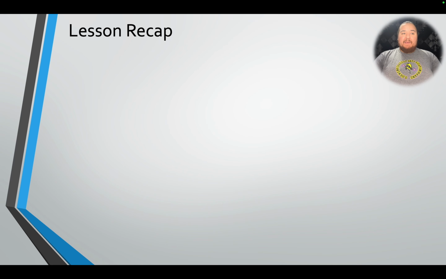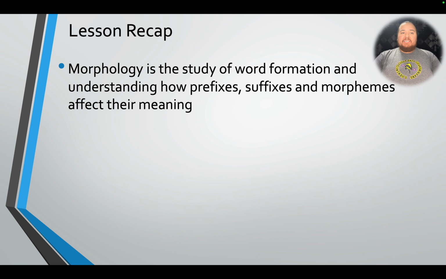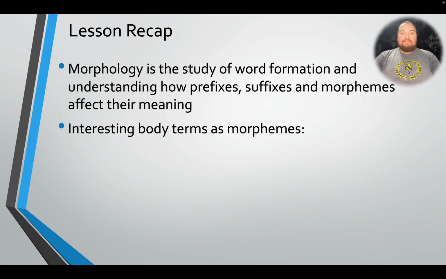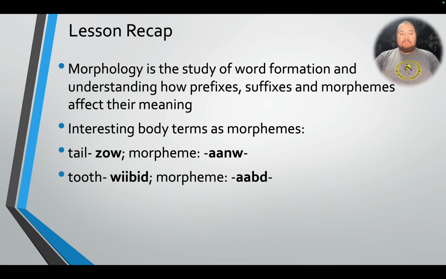So lesson recap. Morphology is the study of word formations and understanding how prefixes and suffixes and morphemes affect their meaning. Interesting body terms as morphemes that we should be aware of. For tail, we can use zo, but speakers tend to prefer the morpheme anu, A-A-N-W. Also, wee bit is our word for tooth.